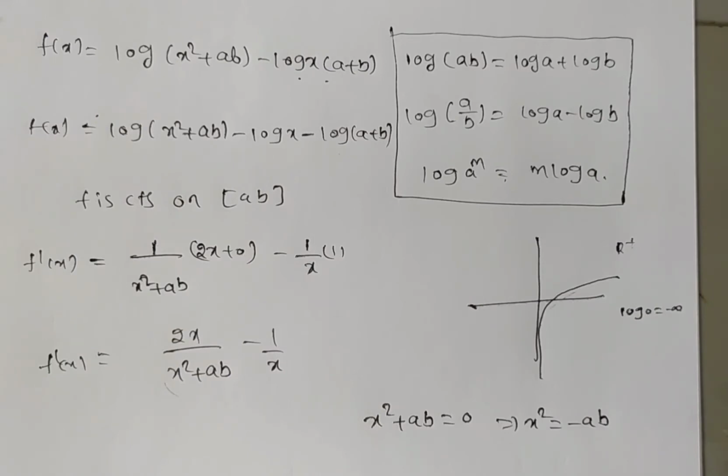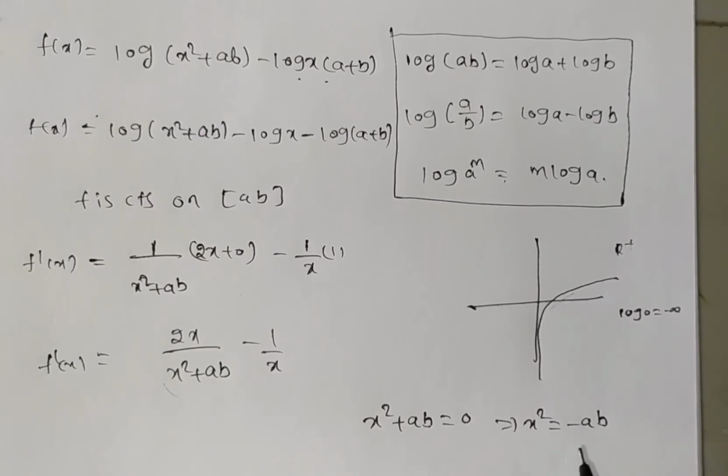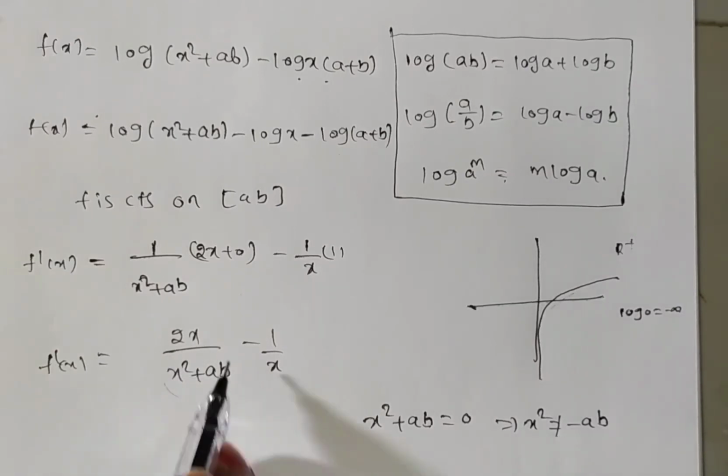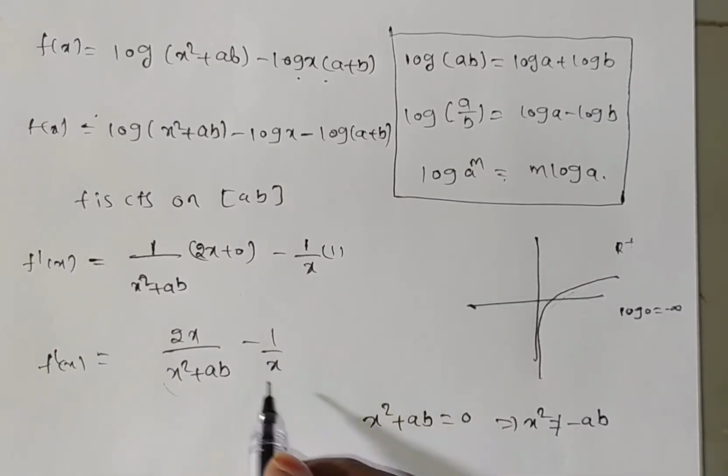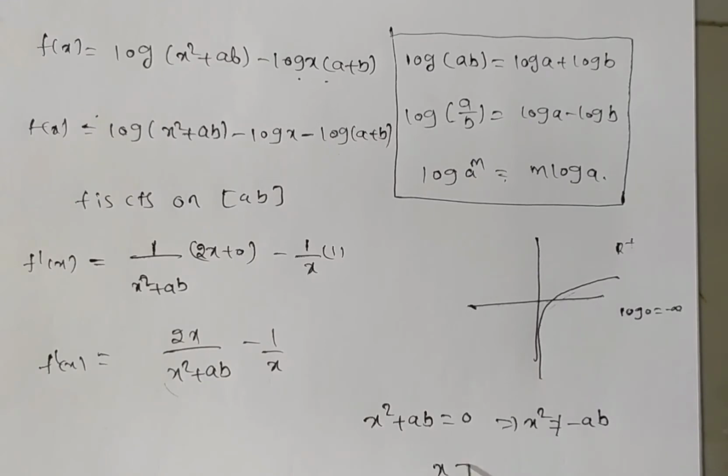If you multiply two real numbers, both negative or both positive, you will obviously get positive only. Here a is positive, b is positive, obviously you will get a positive result. So x square is never minus ab in this case. So this is defined. Next, 1 by x does not exist if x is equal to 0. When x is equal to 0, the function is not defined.